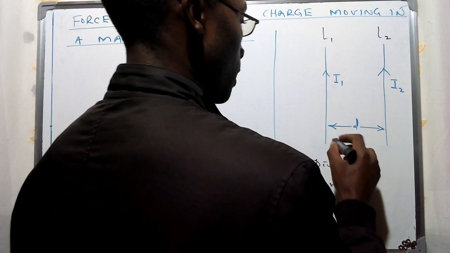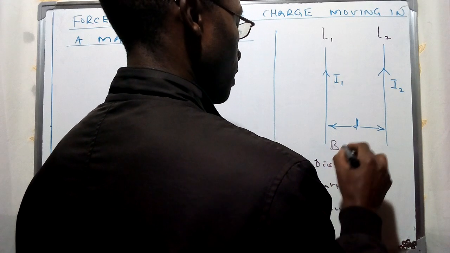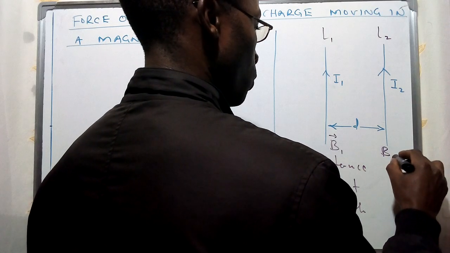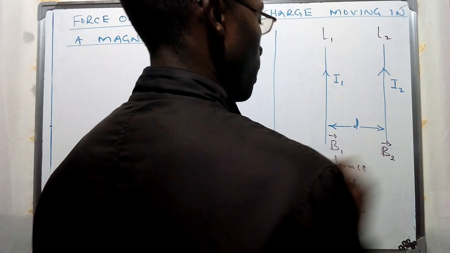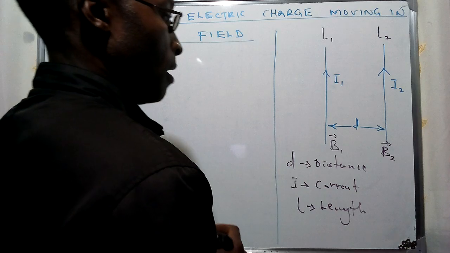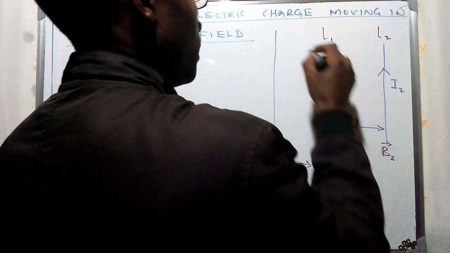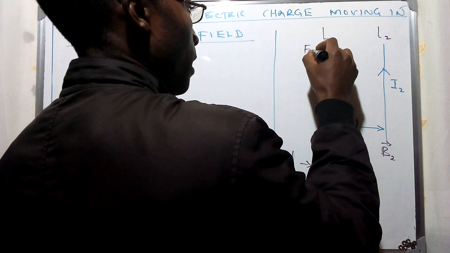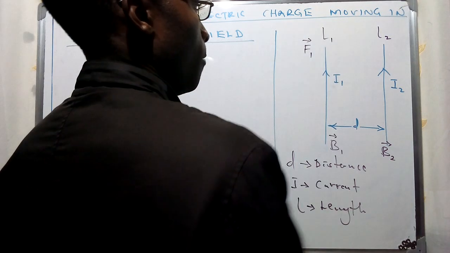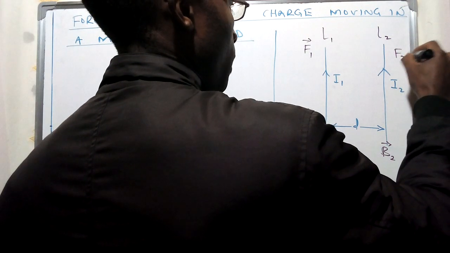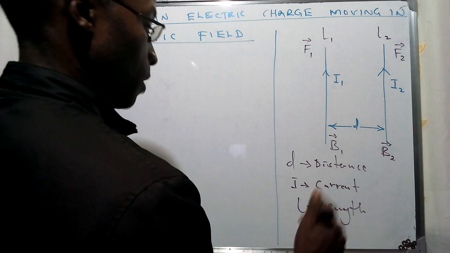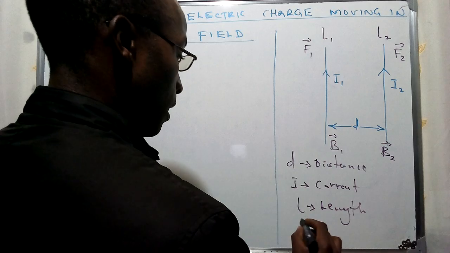So wire 1 is going to produce a magnetic field given in terms of B1, while this one is going to be producing a magnetic field given in terms of B2. We can additionally say that these wires are going to produce forces given in terms of F1 and F2.